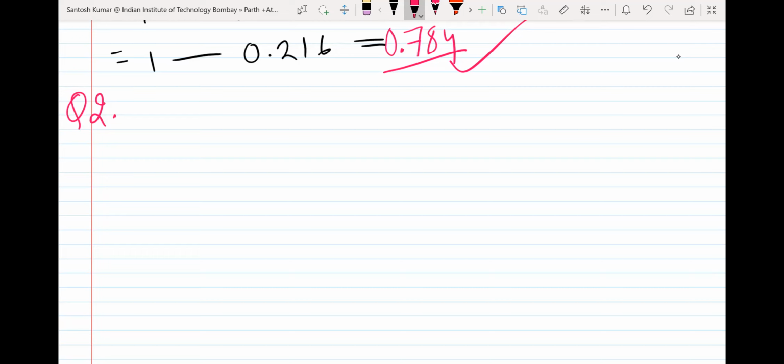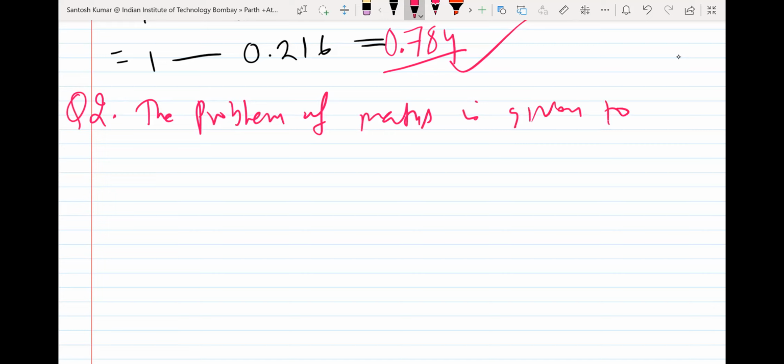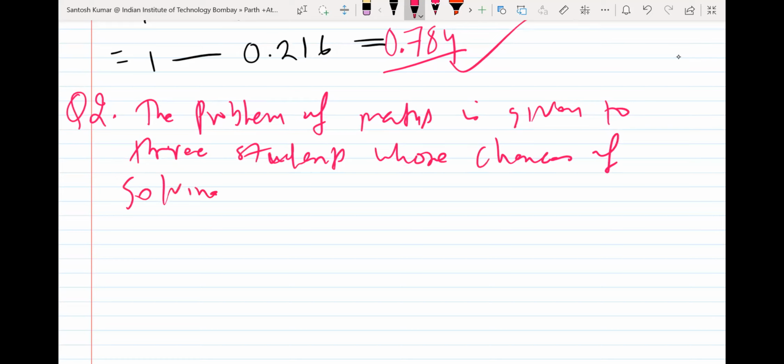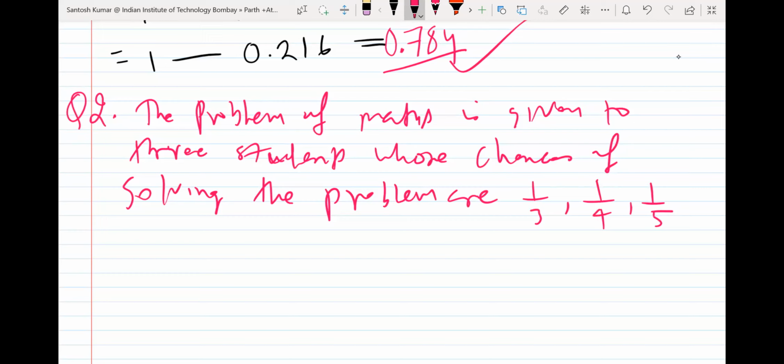Okay, so let me come to question number 3. The problem of mathematics is given to 3 students whose chances of solving the problem are 1/3, 1/4, 1/5 respectively.